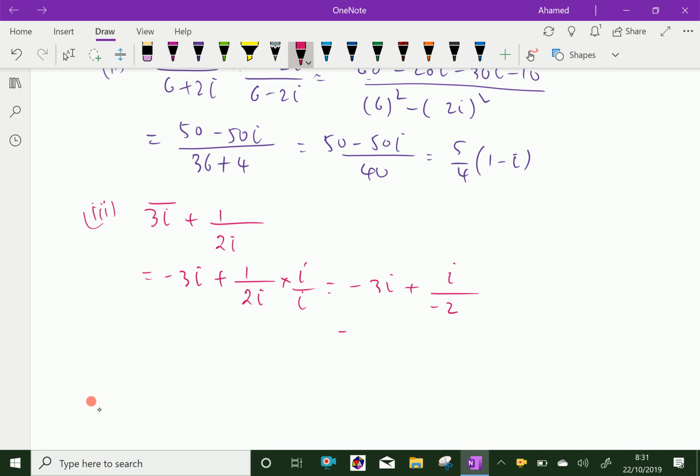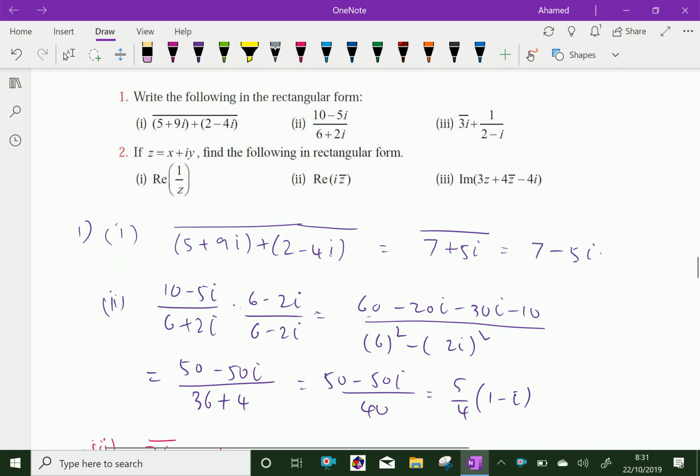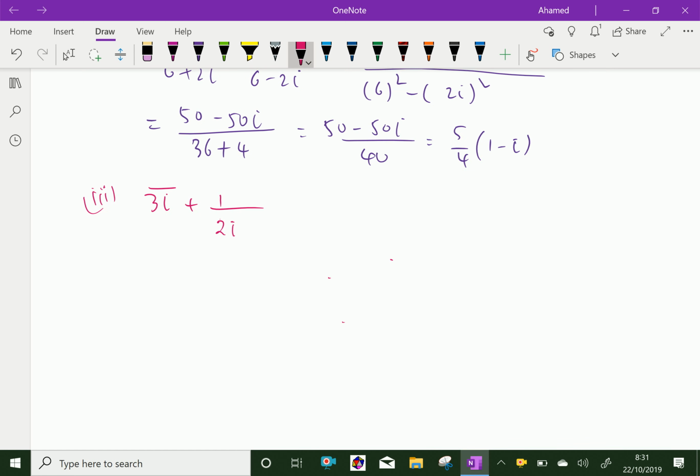So, before that, here it is 2 minus i, not 2i. Here 2 minus i, which gives conjugate of 3i is minus 3i plus 1 over 2 minus i.